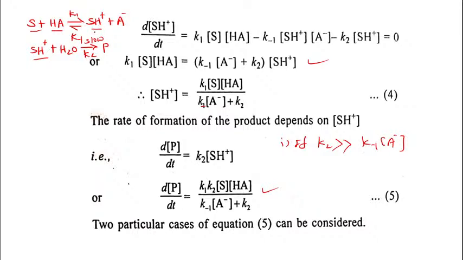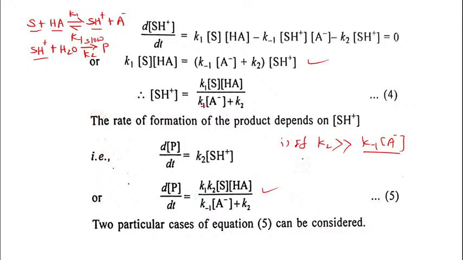Once the intermediate is formed, it is immediately converted into the product. It means the chances of the reverse reaction are very less here. Therefore, K minus 1 is very small and K2 becomes very large. It means that this is neglected from this equation.